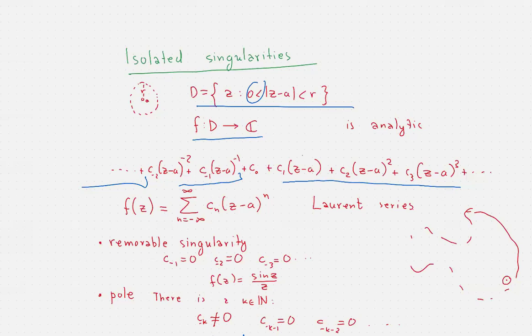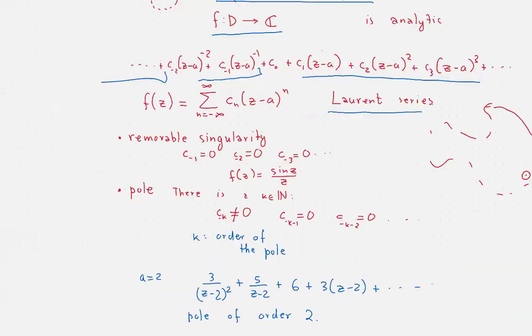So it's double-edged, if you like. And depending on the form of this series, which is actually unique, we have three types of possibilities.